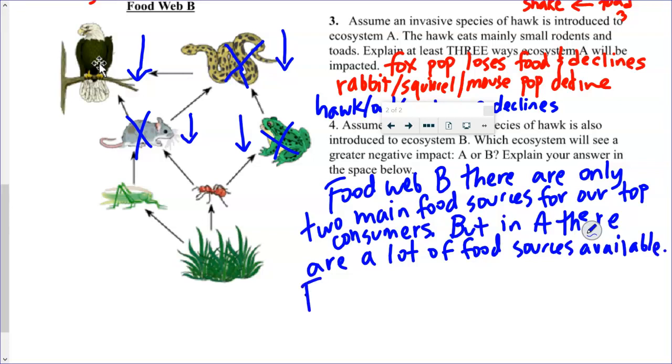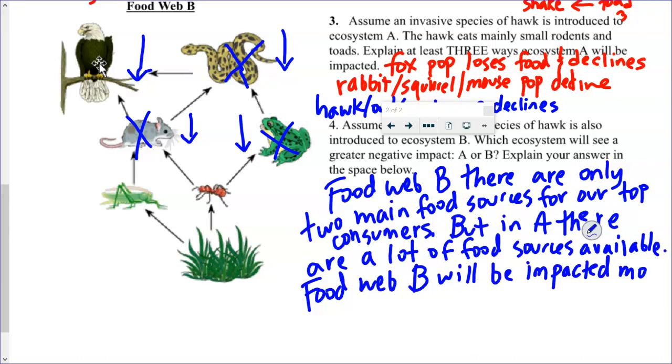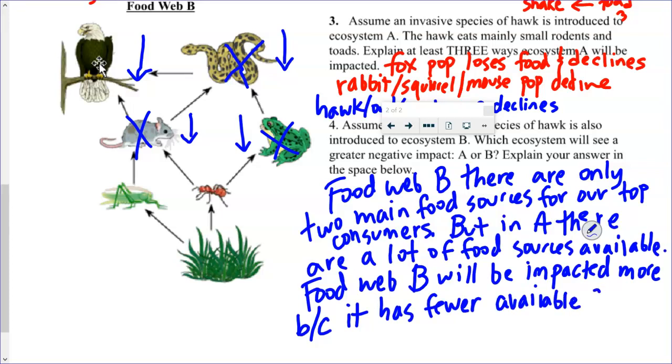Food Web B will be impacted more because it has fewer available food sources to survive on.